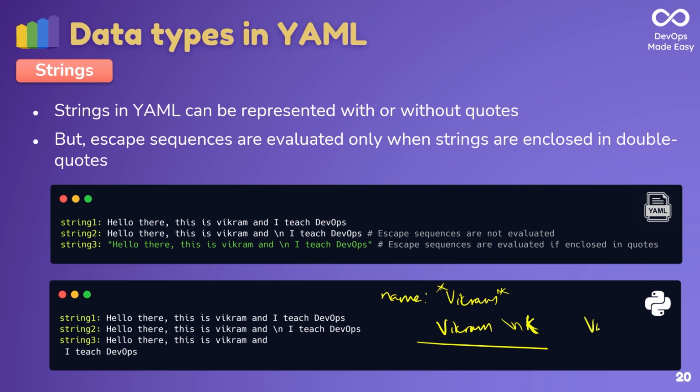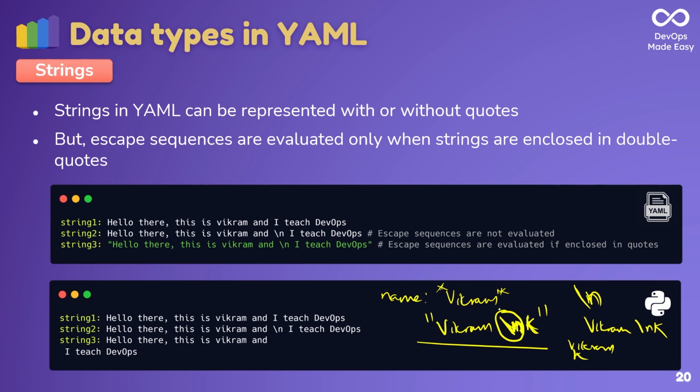It will be printed as Vikram slash n k, because these escape sequences are not evaluated when double quotes are not there. If you put double quotes, the slash n will be evaluated as a new line character, and the output will become Vikram, and in the next line k. Without double quotes, slash n will be treated as individual characters: slash is a character and n is a character. They are not treated as escape sequences.